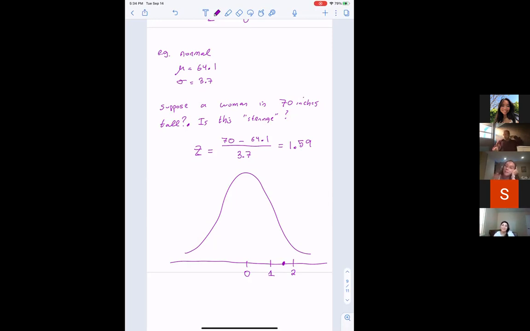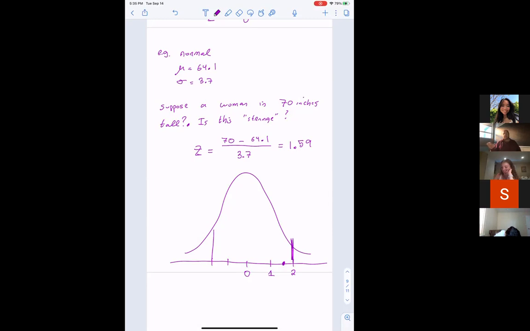You can't hide that. So if you're within 2 deviations of the mean, it's not considered strange. So a 70-inch tall woman is just 1.59 deviations above the mean.